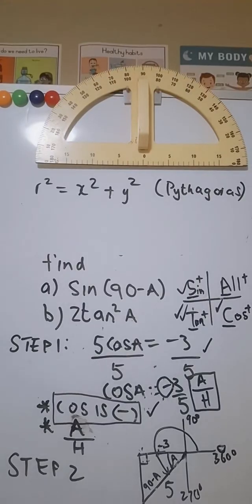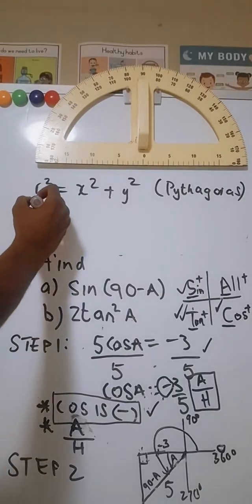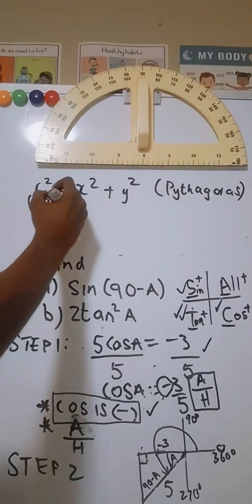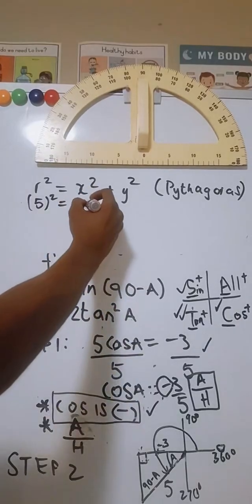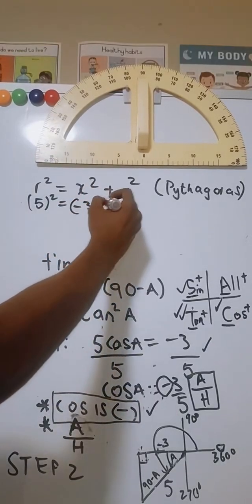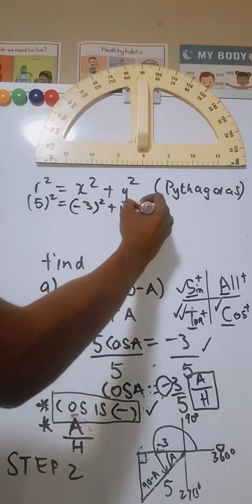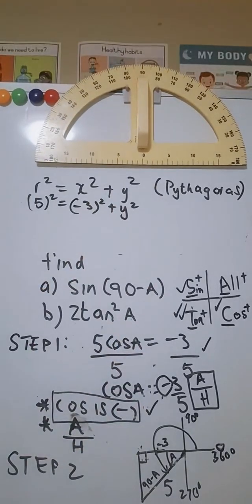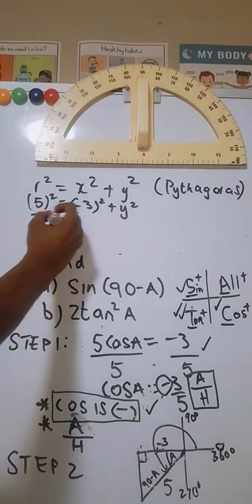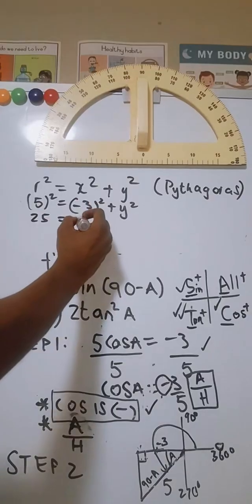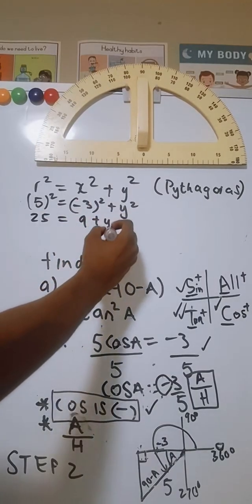Now remember, our r value, our hypotenuse, is 5 squared. Our value of x is -3. We want y squared. We want y. So basically we are interested in finding that y value. 5 squared, 25. -3 squared is 9.